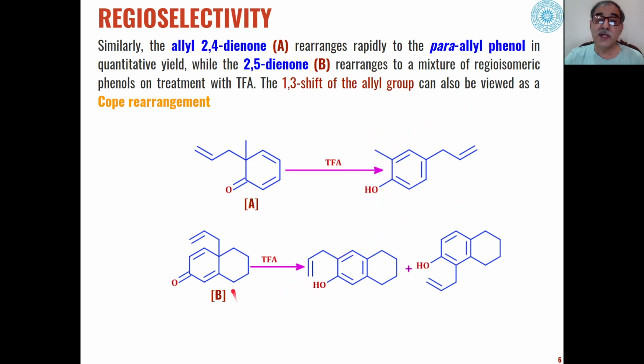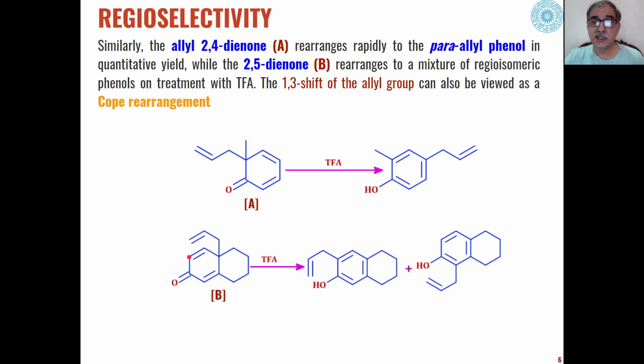Similarly, in these types of 2,5-dienones, again in presence of trifluoroacetic acid, both the products are formed. A 1,3 shift in these types of cases can be compared to the Cope rearrangement. So we will get this type of product formation where this group migrates to this position, that is called a 1,3 shift of the alkyl group taking place.